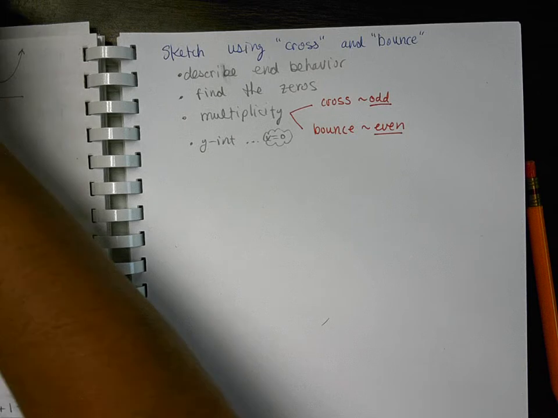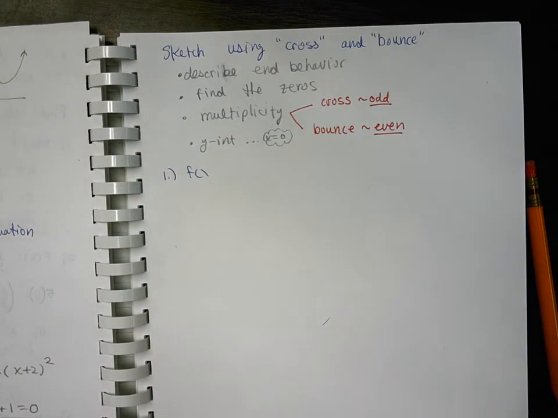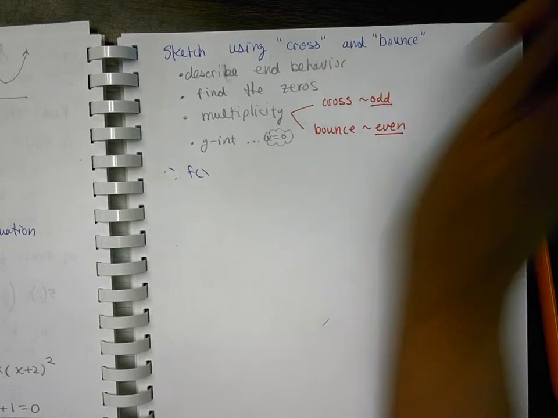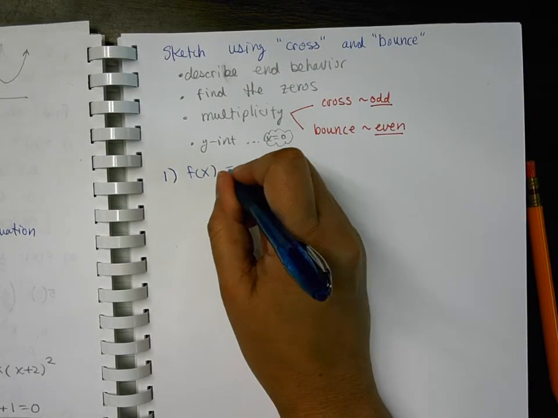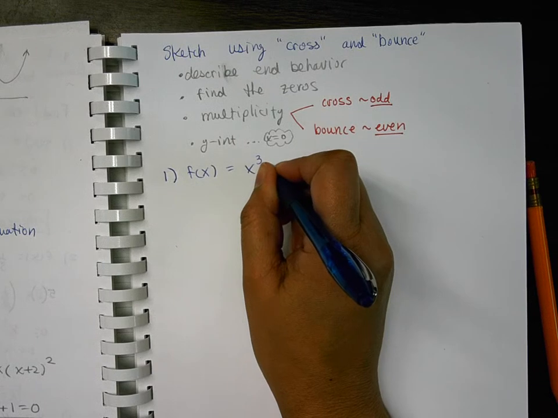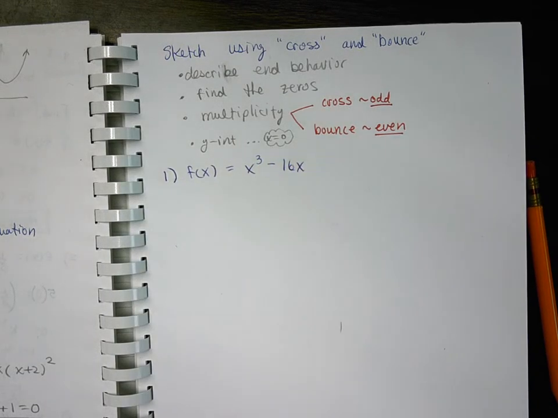Number 1. F of x equals x cubed minus 16x. Okay, this is a problem that you've seen before last year and that you will see again on this upcoming quiz and test.